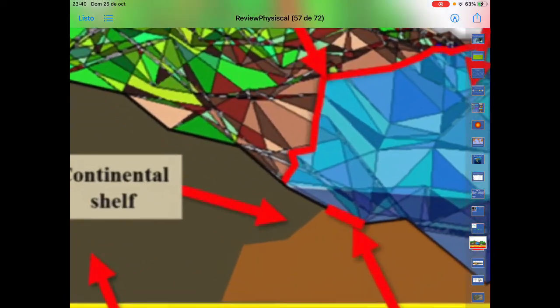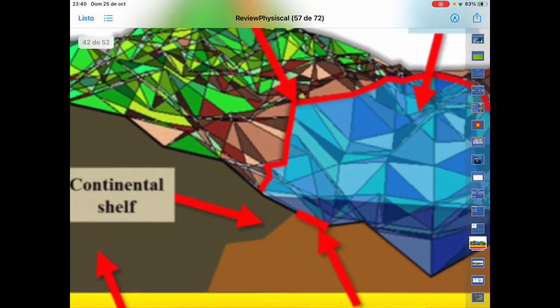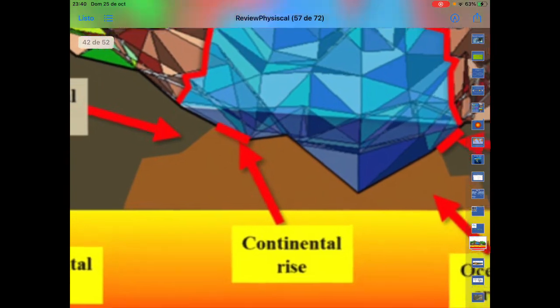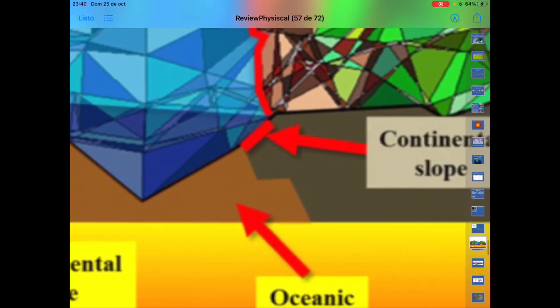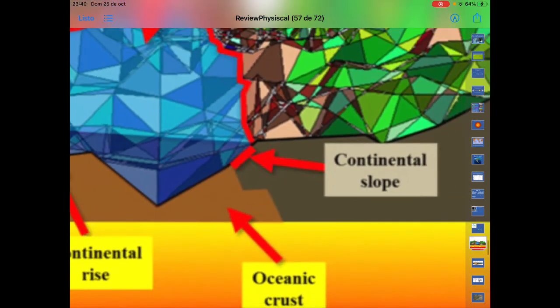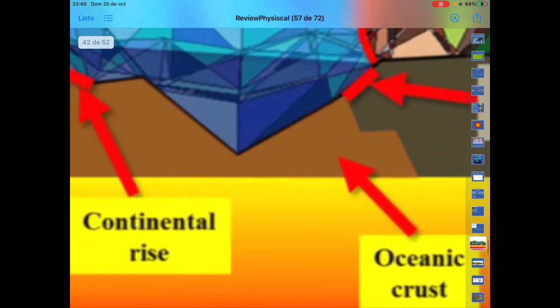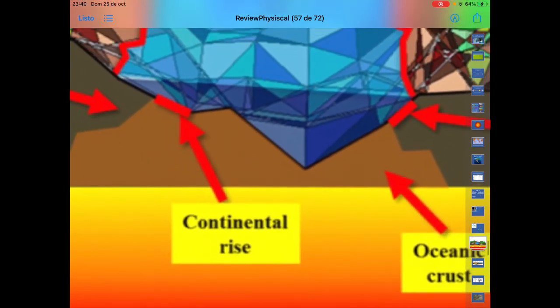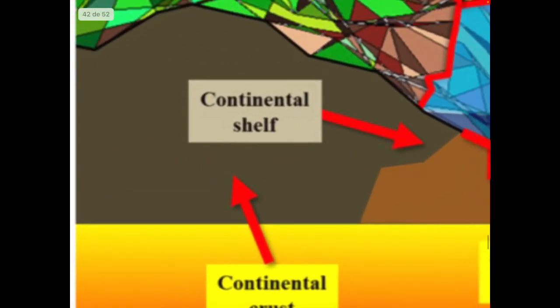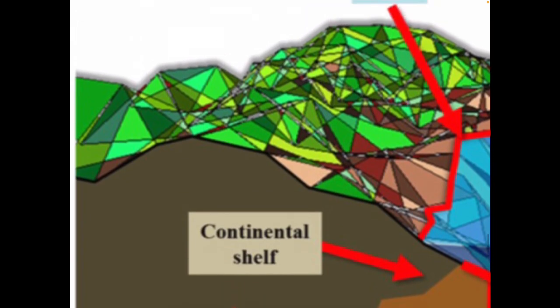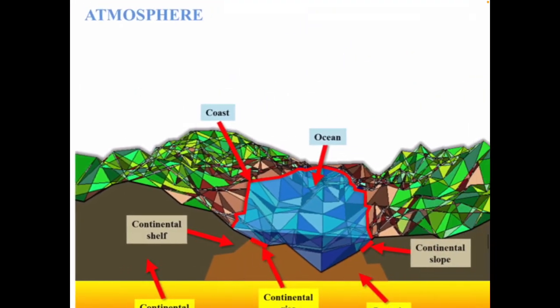But the small part that is still below the water, that is the continental shelf. The continental rise is all these materials that are accumulated in the bottom part of the continental slope. The oceanic crust is the part of the lithosphere that lies below the ocean. The continental crust is the part of the lithosphere that rises above the sea level and makes up the continents. And I think that is all, right? The coast is the division between the ocean and the dry land.